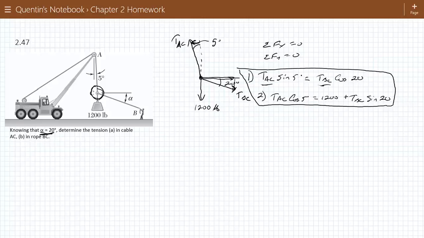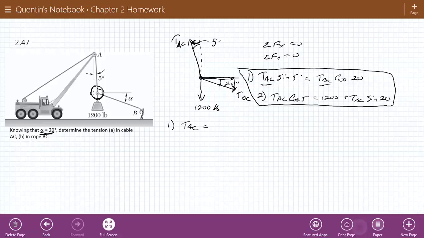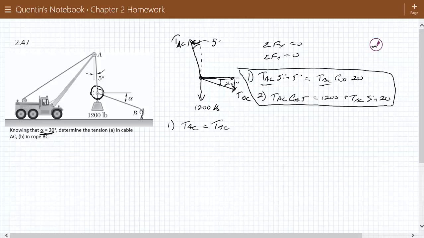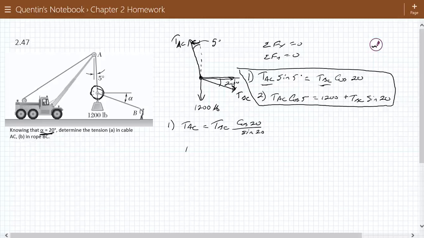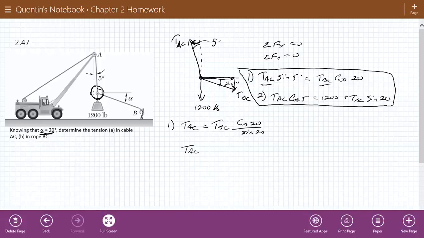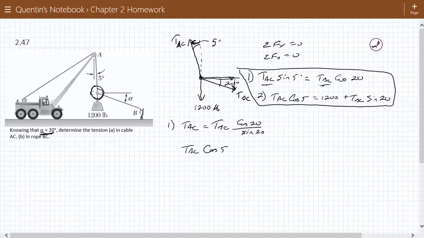So the way I solve this is I'm going to look at the first equation and solve that for TAC. So come back over here where I have a little more space. Go to equation 1, and TAC is equal to TBC times cosine of 20 over sine of 5.